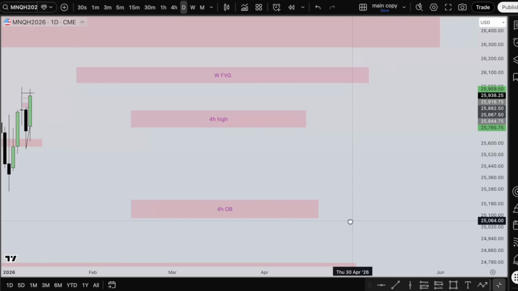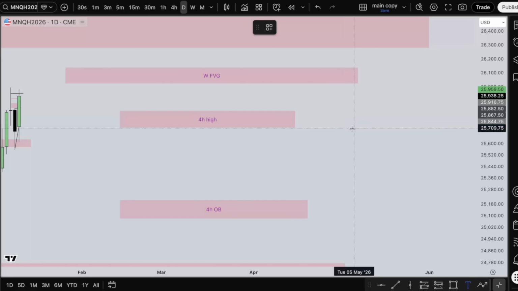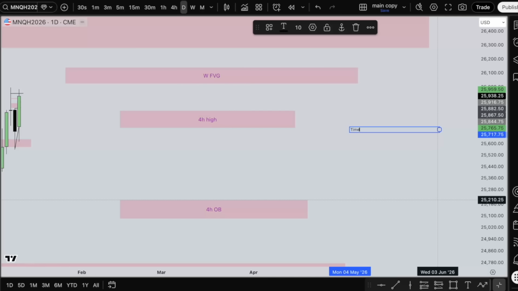The first thing that I want to talk about here is time frame hierarchy. So what this essentially is, is that when price is trading from a specific time frame's PDA from discount to premium, what is the equivalent lower time frame that you would use to look for market structure shifts and to look for entries?